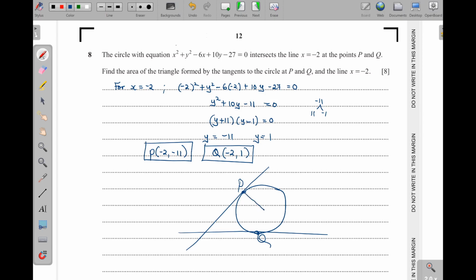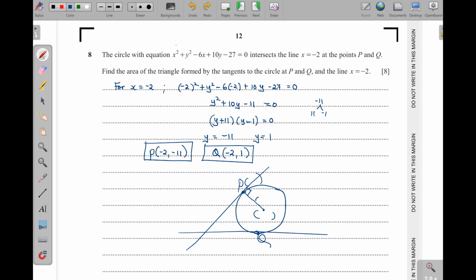We have a property in circles that the angle between the radius and the tangent is 90 degrees. So we need to find the center. Since we know the coordinates of P, we need to get the coordinates of the center such that we can get M1, and then using M1 times M2, which is equal to negative 1, we shall be in position to get M2, and that is the gradient of the tangent.